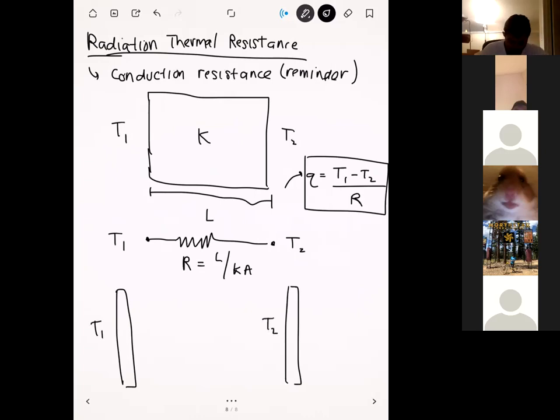They're held at different temperatures. And what we found from the previous example with the rectangular furnace is that the heat exchange between them is equal to A1 F12 times sigma times T1 to the fourth minus T2 to the fourth.